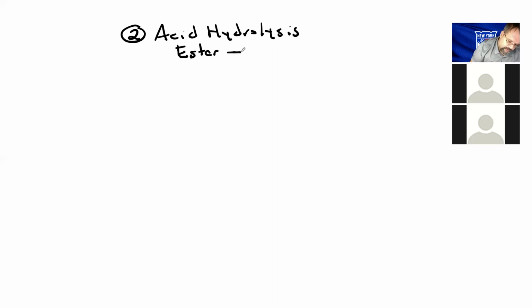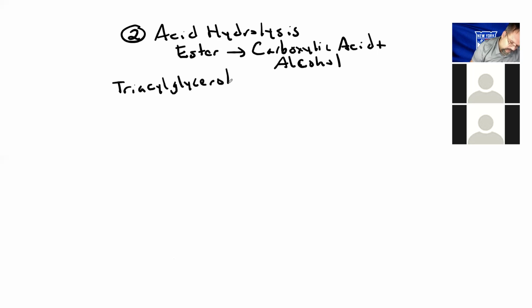All right. Second, acid hydrolysis. Now, we talked about this when we talked about esters. When you had an ester and you had acid hydrolysis, the products were a carboxylic acid and an alcohol. What's the difference when you start instead with a triacylglycerol?